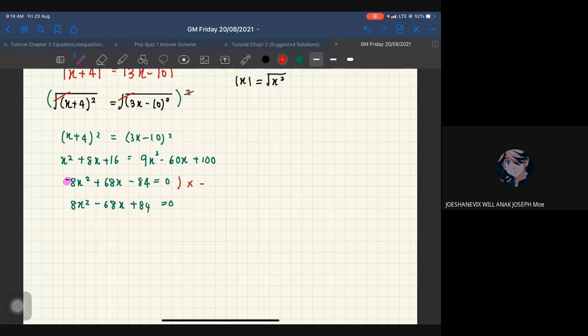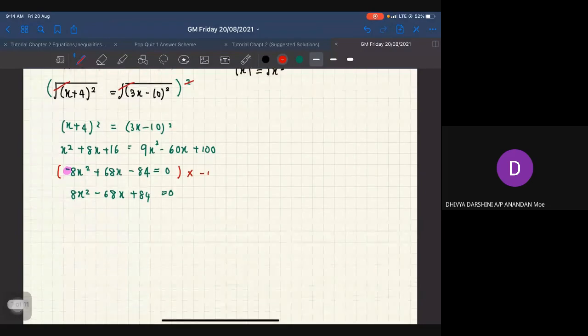Next, can I simplify whatever coefficients we have here? 68 and 84, is there a common factor? 4 works. 8 doesn't work, right? So only 4 works.